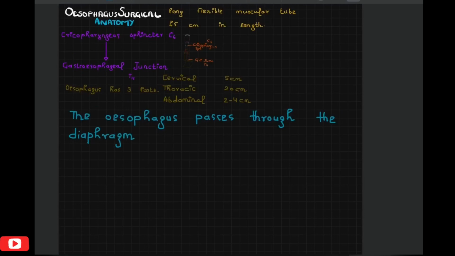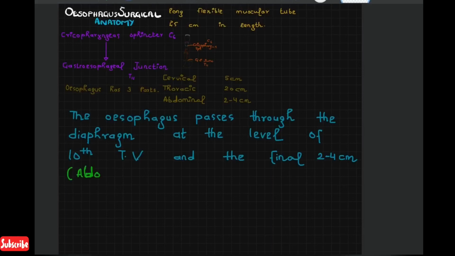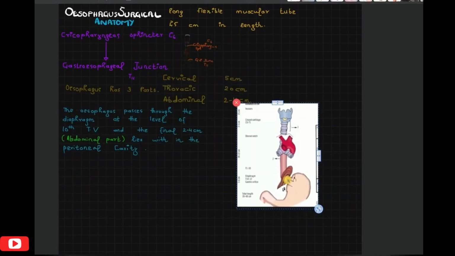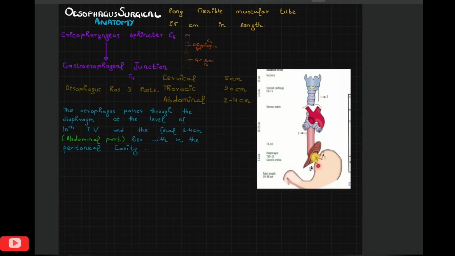The esophagus passes through the diaphragm at the level of the 10th thoracic vertebra, and the final 2 to 4 cm, which is the abdominal part of the esophagus, lies within the peritoneal cavity. You can see in this diagram, this is the abdominal part of the esophagus, which lies inside the peritoneal cavity.